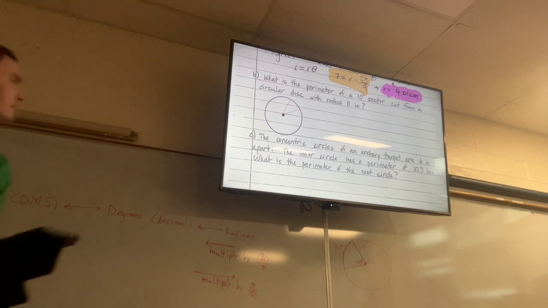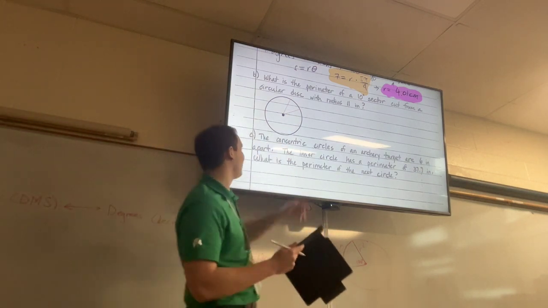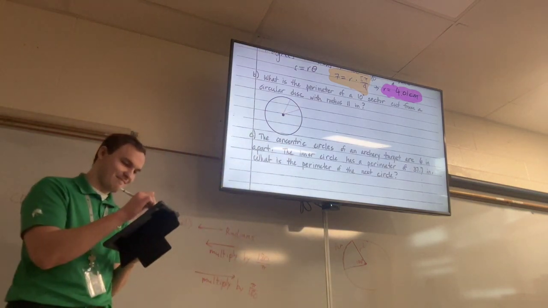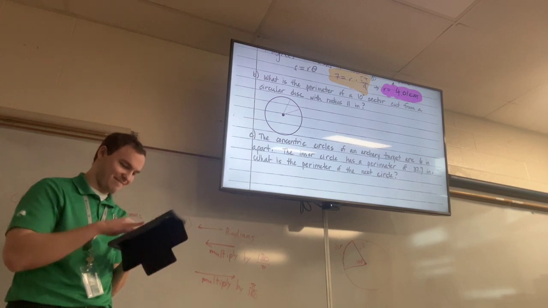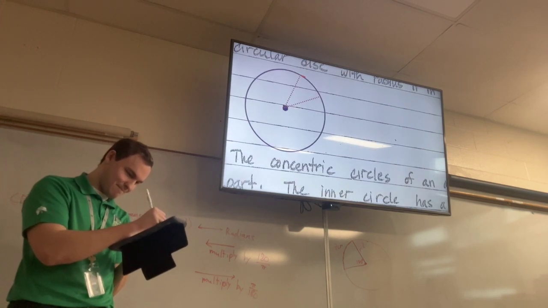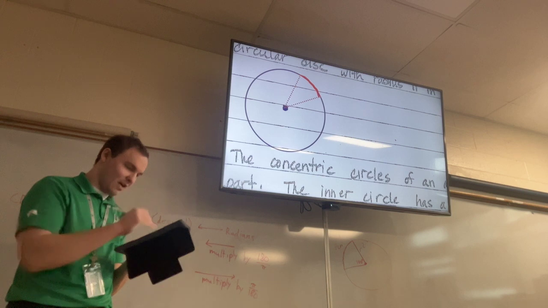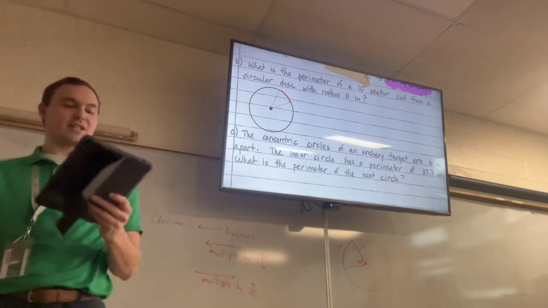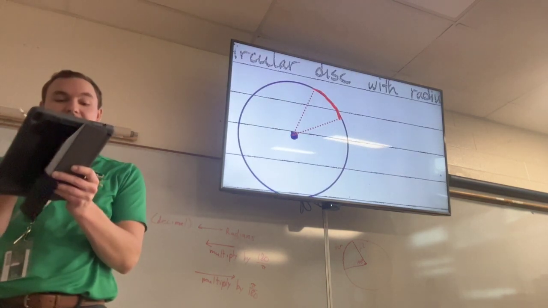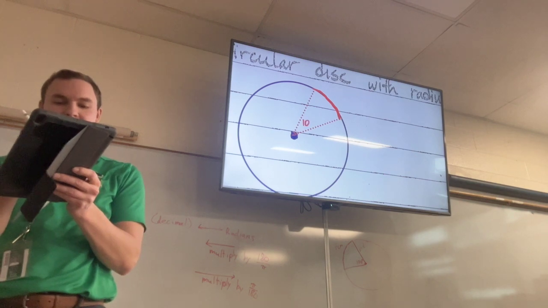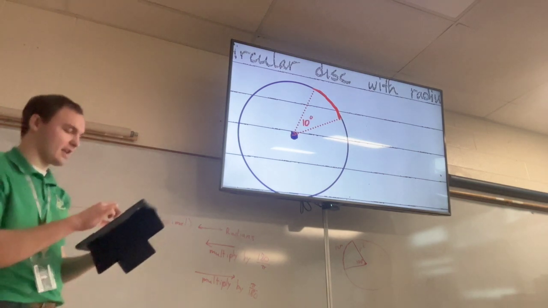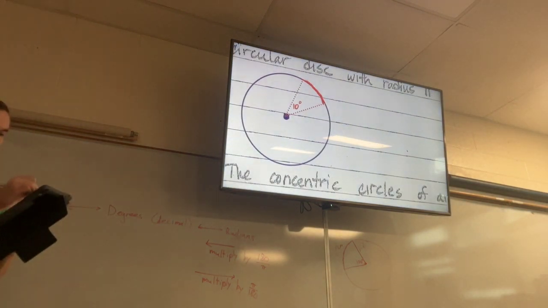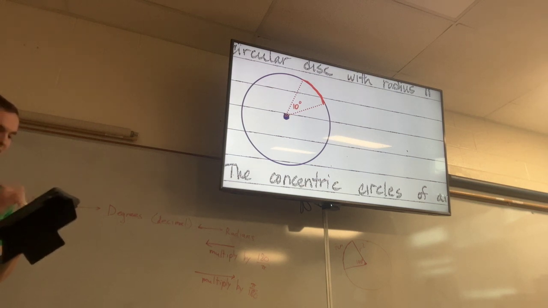I'm cutting out a little slice of that circle, a little slice of pizza. A 10-degree sector means the angle at the center of the piece of pizza is 10 degrees. They want to know the perimeter of this little 10-degree slice.